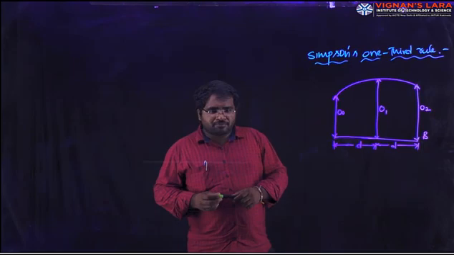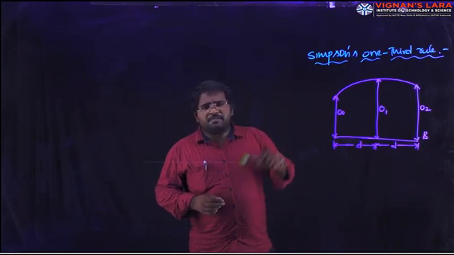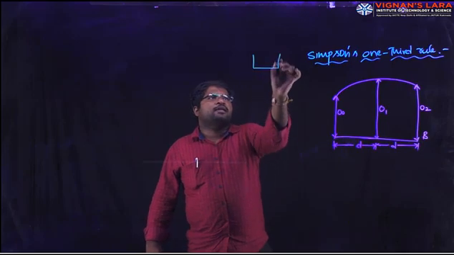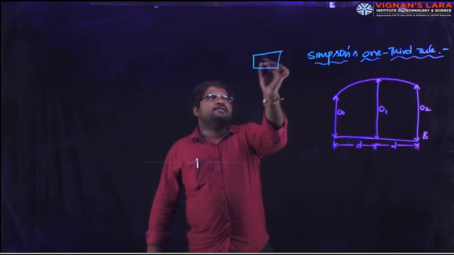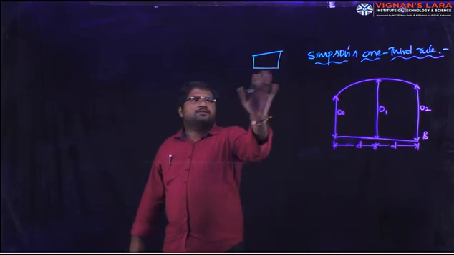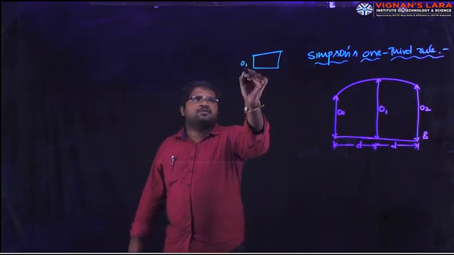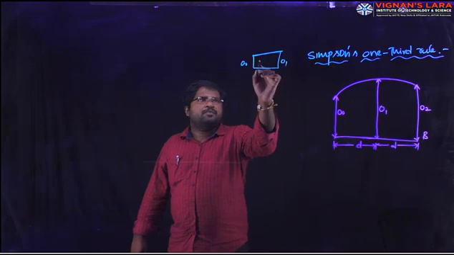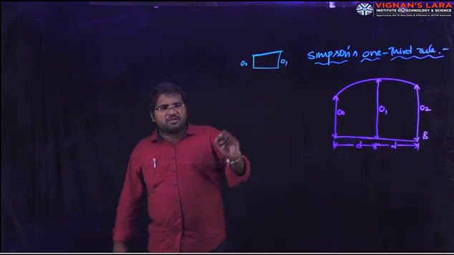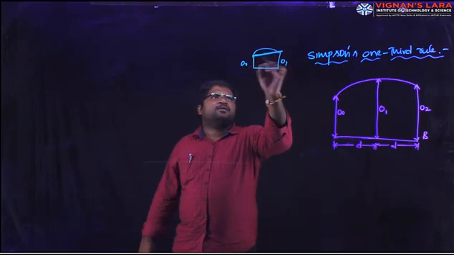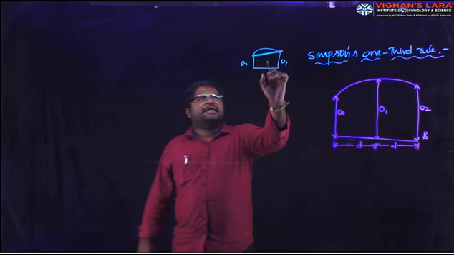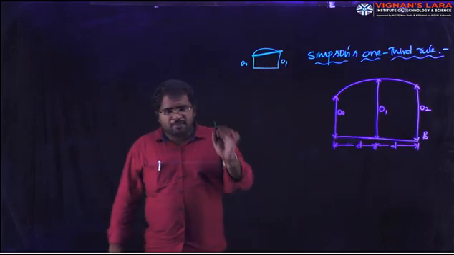Now in the previous methods we assumed that the boundary between two ordinates, suppose this is O0, this is O1, is a straight line. Even though it is an arc, we assume it as a straight line. By doing this we won't get the exact value, there will be some error.